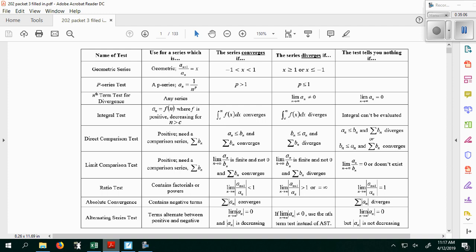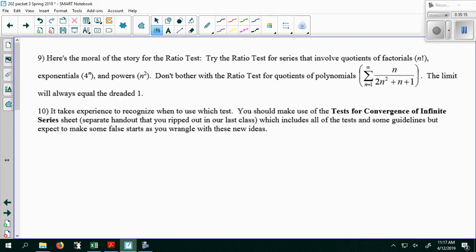It's really helpful. Use it while you're working on homework, class activities, bring it with you to the test, etc. But even with that, expect to make some false starts, right? You'll try a test, it'll tell you nothing, you'll have to do a different test.